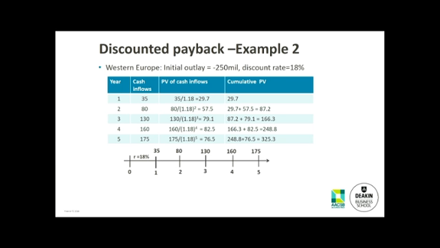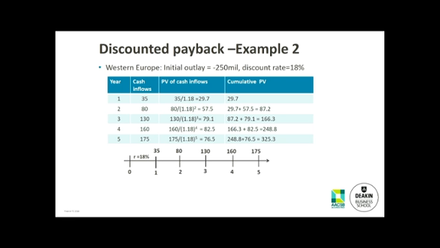Question: at the end of year 4, how much is your cumulative present value of cash flows? 248.8, right? Do you have enough money to recover your initial 250 million? Still not enough. But we do have enough in year 5, right? To this end, let's apply the same method.